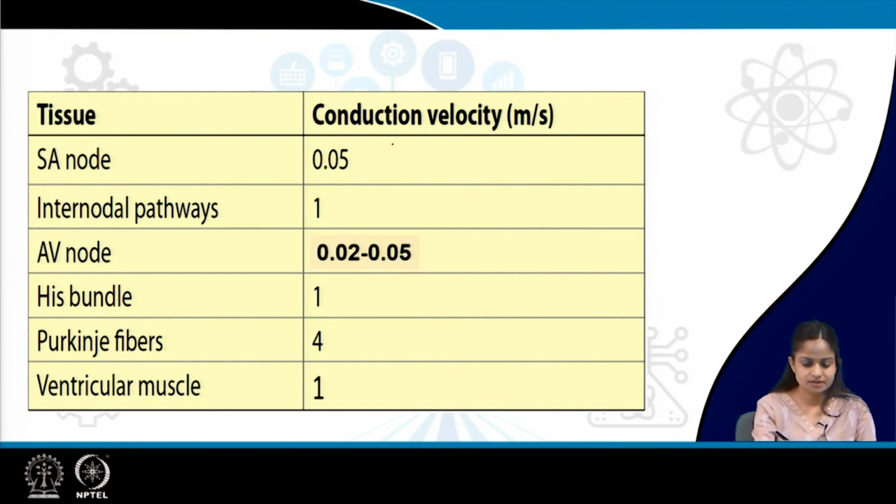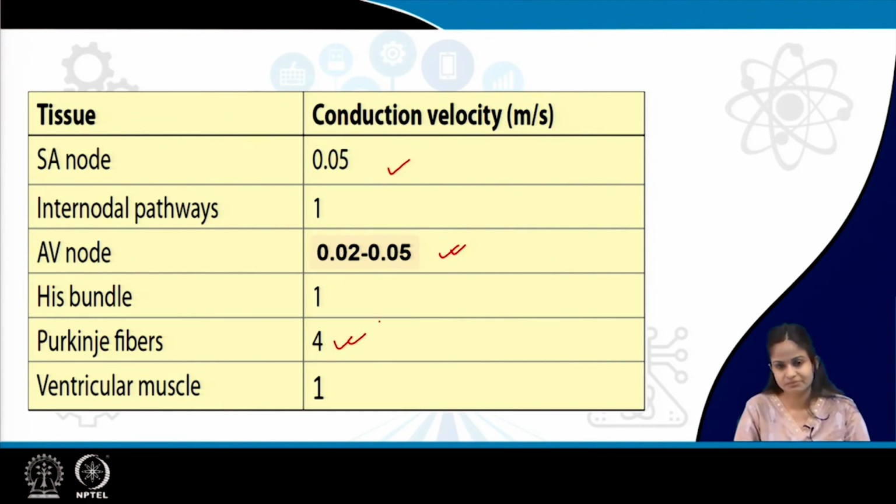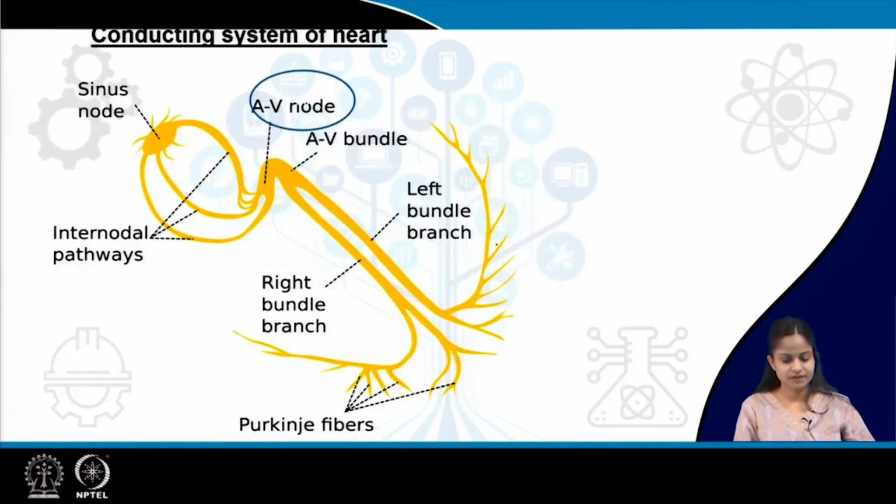So this is the conduction velocity: SA node 0.05 meter per second, internodal pathway 1, AV node, this you have to remember, 0.02 to 0.05, Purkinje fibers 4, and other 1 meter per second. Even if you do not remember all, the maximum and the minimum are very important. That is, Purkinje fibers have the maximum conduction velocity, while the AV node has the minimum conduction velocity.